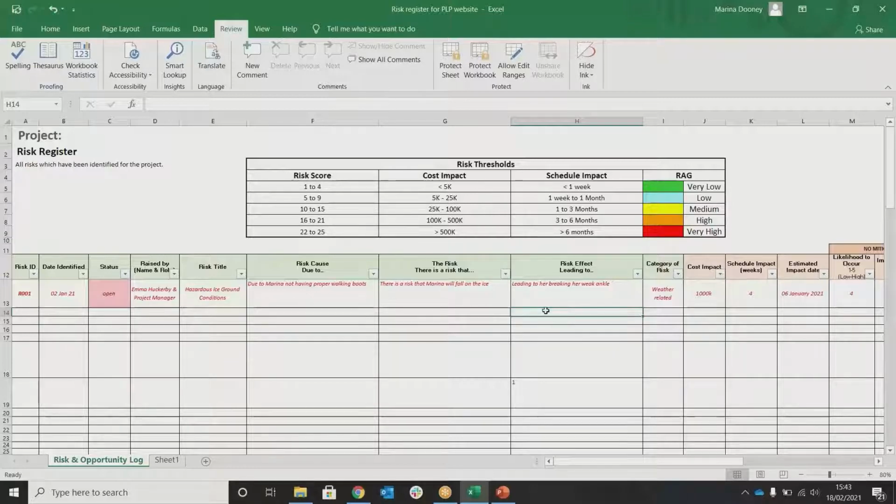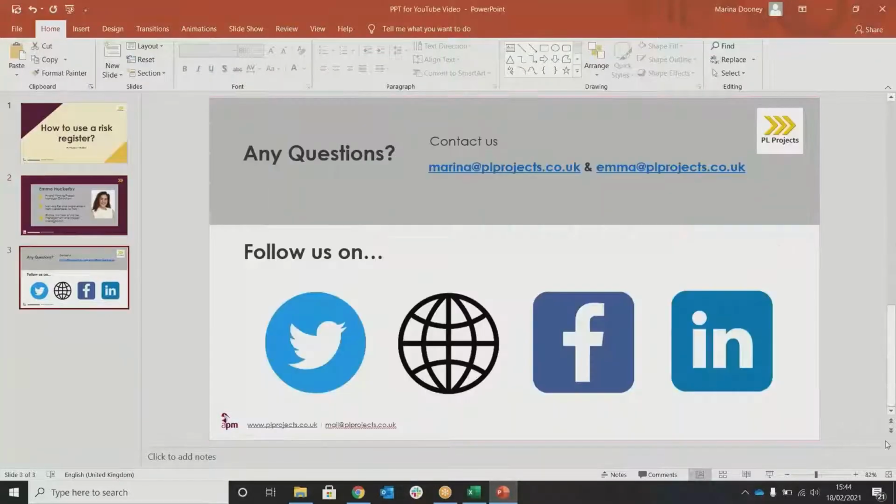Yeah, definitely. Risk registers are for everyone to have a look at, but I would always advise that one person takes sole role in completing it, because then that one person will have the understanding of every risk on that register. Okay, perfect. Well, thank you, Emma, very much.